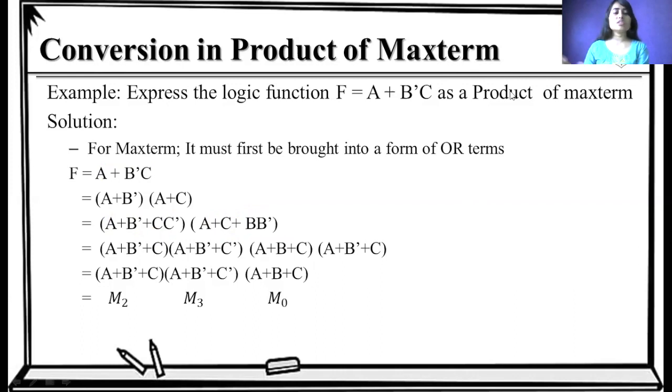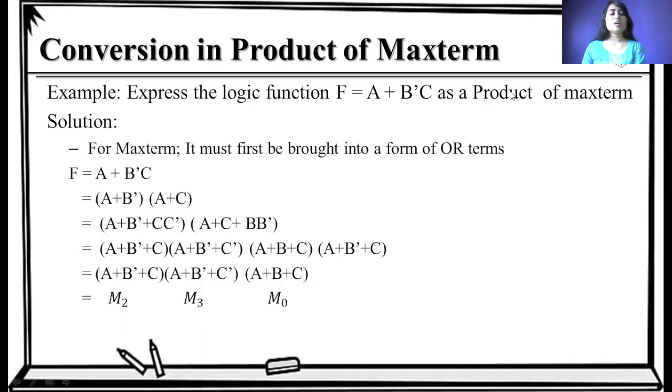Now these terms can be represented in number format, for example A + B' + C. Here A and C are both normal variables, so we consider them as 0, and B' is an inverted variable, so we consider it 1. So we have 0 1 0. For 0 1 0 we have the term 2. So we can write this term as capital M2.